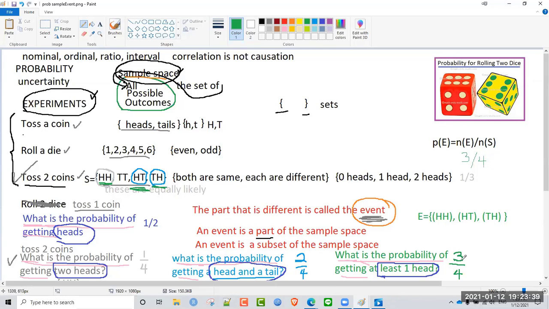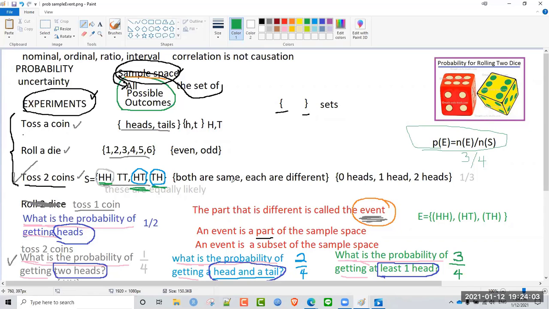We said the answer was 3/4, and here it's 3/4. So this formula is going to be our formula for calculating probabilities. So what's the formula? That. Okay, so everyone get this? Yes.